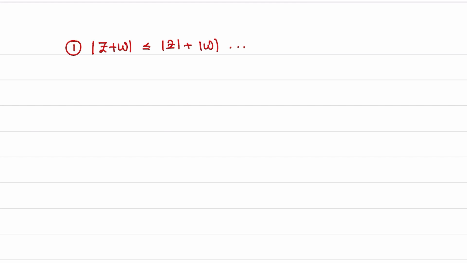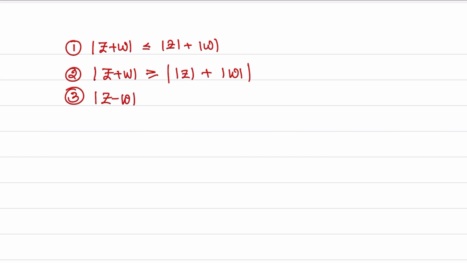This is 1. The second inequality: modulus of Z plus W is greater than or equal to the absolute value of magnitude of Z minus magnitude of W. The third inequality, which we have just derived and proved: modulus of Z minus W is greater than or equal to magnitude of Z minus magnitude of W, because there is a minus sign.